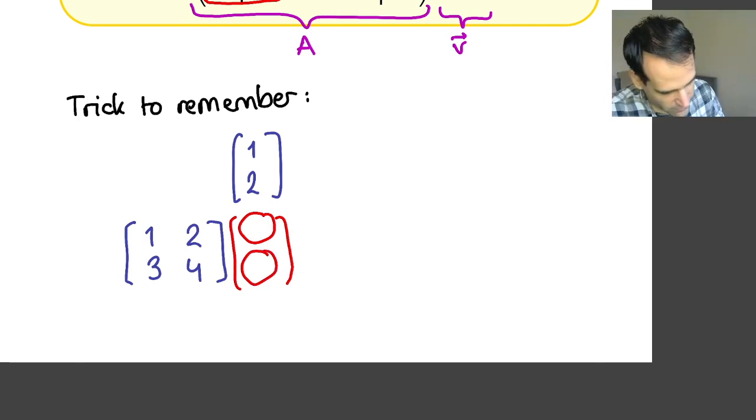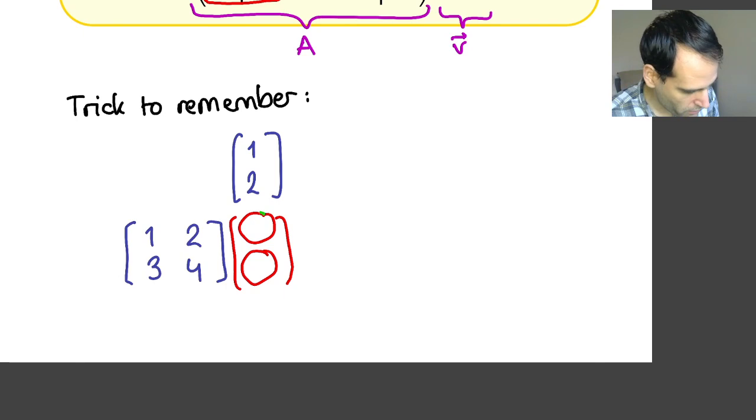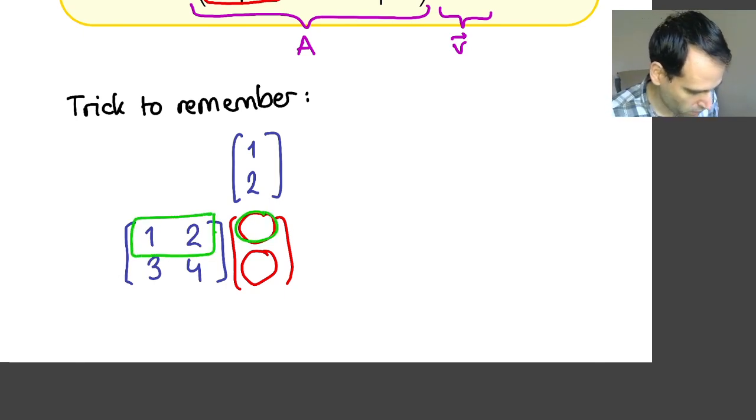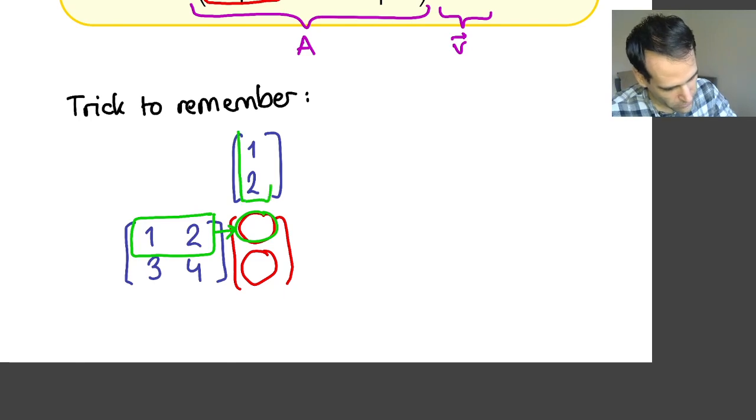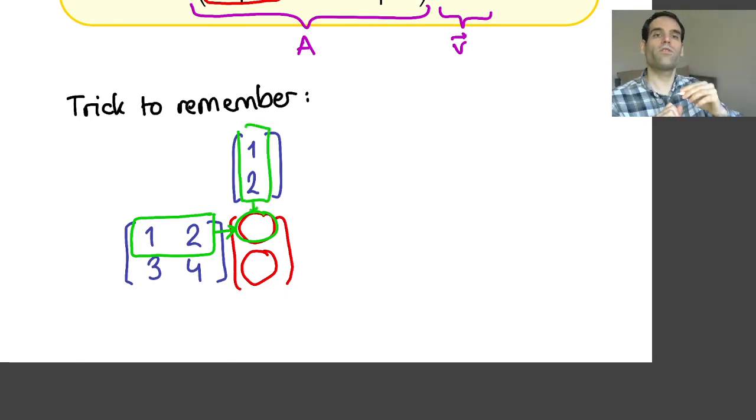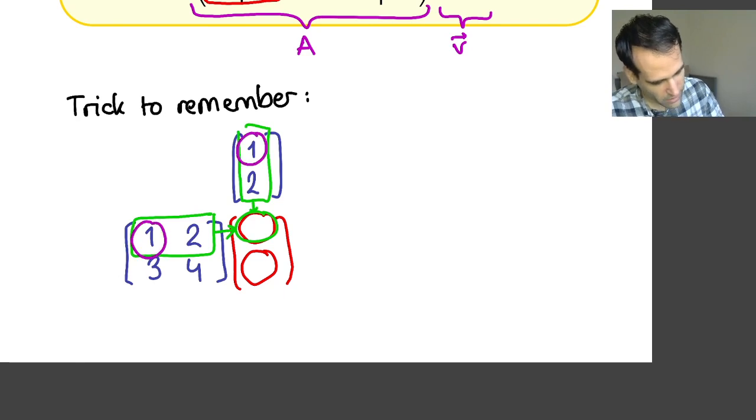So each of these slots I have to fill with what? Well, I get the row that points to the slot and the column that points to the slot, and I do a dot product between them, okay? Which means I do 1 times 1 plus 2 times 2. That's 1 plus 4, that is 5. And that is the result I write here. Now I do a similar thing for the second slot.